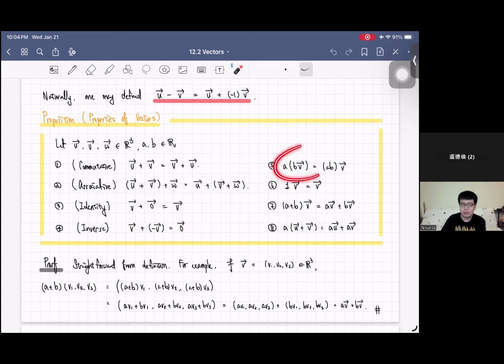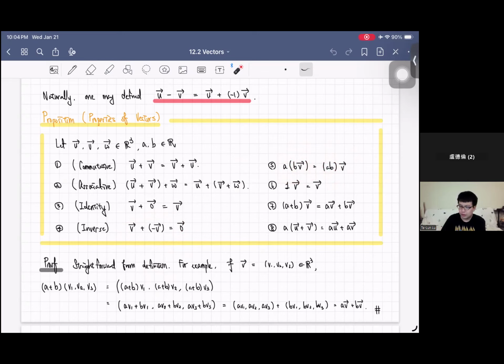And this is a little bit more sophisticated. Take a scalar multiplication of b with v, which gives you another vector, and then multiply by a, which gives you another vector. This vector will be the same as if you multiply the two scalars first. So a times b is the usual number multiplication which you learn in elementary school, like 2 times 4, 4 times 6.